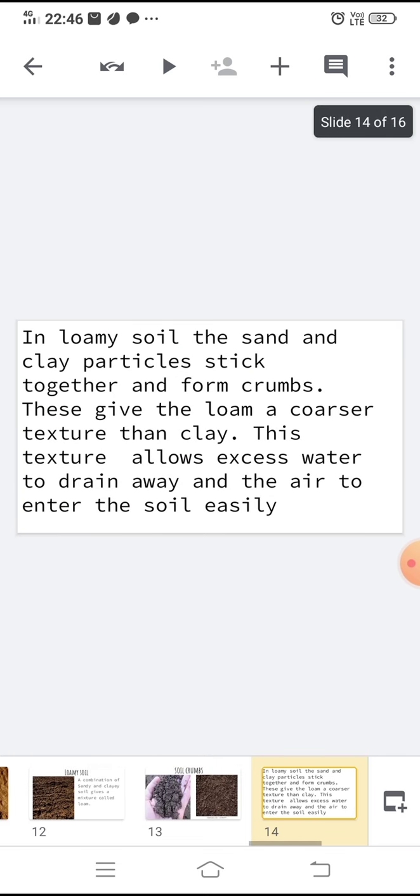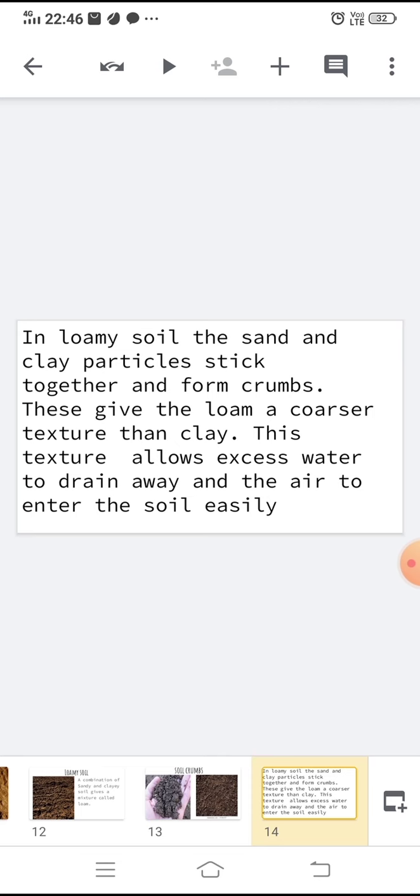These give the loam a coarser texture than clay. This texture allows excess water to drain away and the air to enter the soil easily. So, this is the suitable soil for the plants to grow.